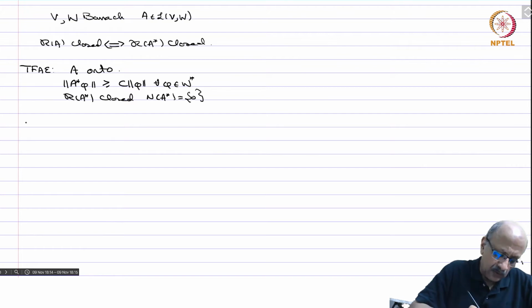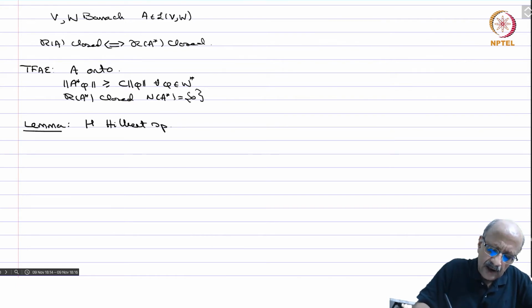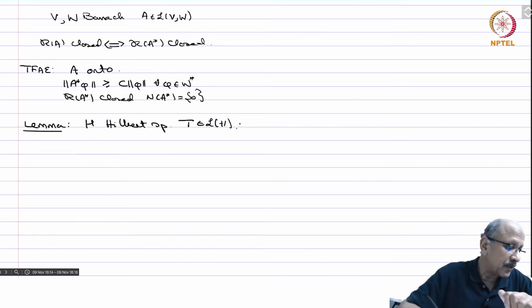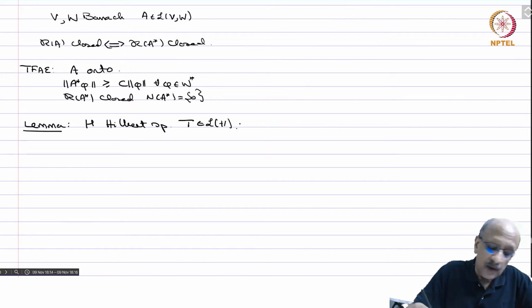So now we prove a lemma, a very useful lemma which we will use again and again. So H Hilbert space and T belongs to L(H). So it's a bounded linear operator from H into itself.